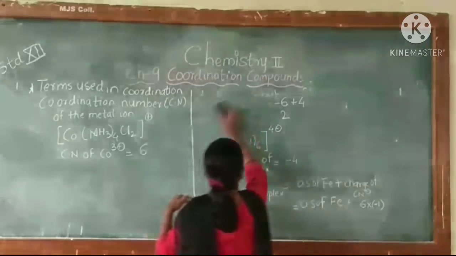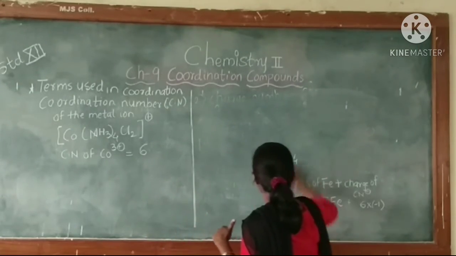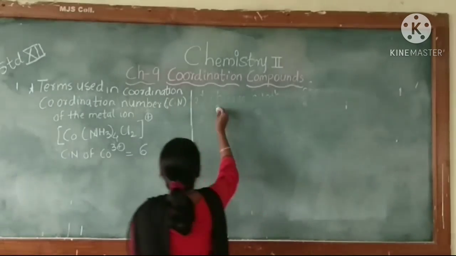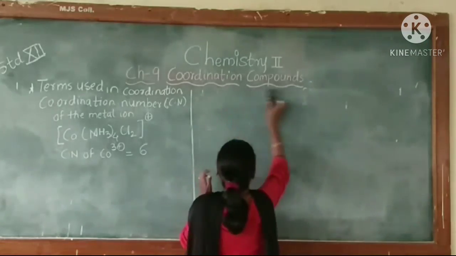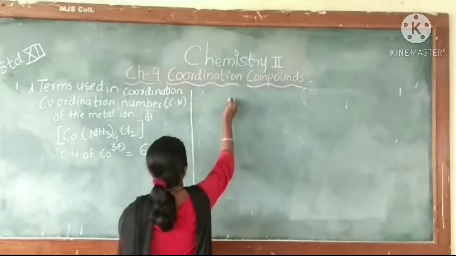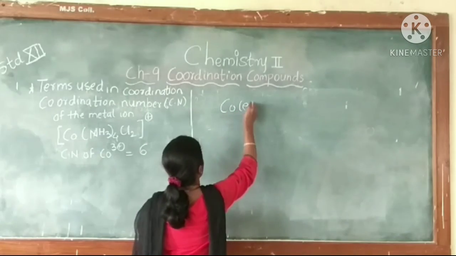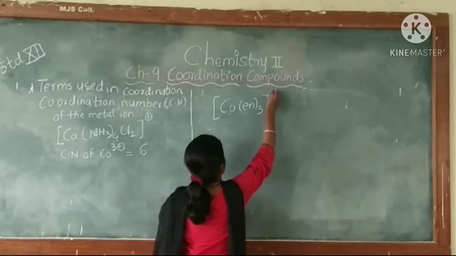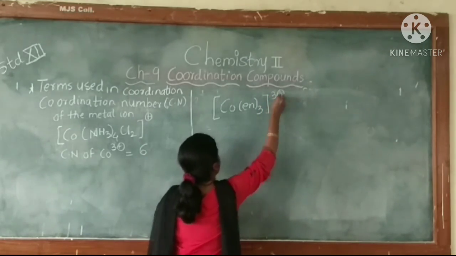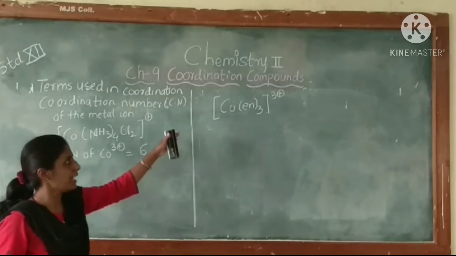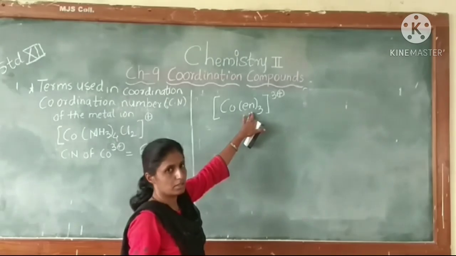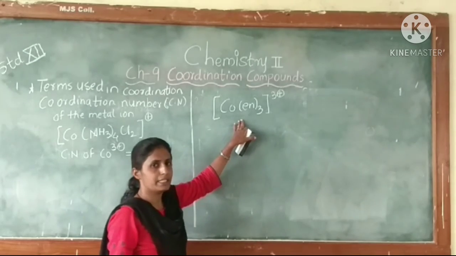So let's see an example where the ligands are not monodentate. The next example of a complex will be cobalt attached to ethylene diamine. Now we have seen that ethylene diamine is a bidentate ligand. In this complex, en is the abbreviation written for ethylene diamine.